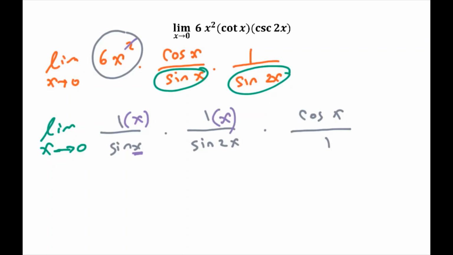I am missing 2. I do have 6, so I can take part of the 6, which is 2 here, and the rest can go here, which is a 3. So think about it. The numerator is going to be x times 2x is 2x squared, times 3 is 6x squared, cosine x over sine x sine 2x. Now you can split this limit.